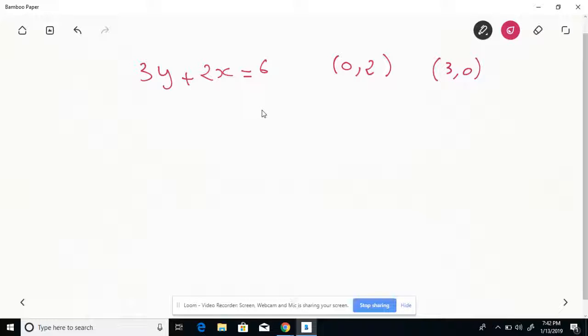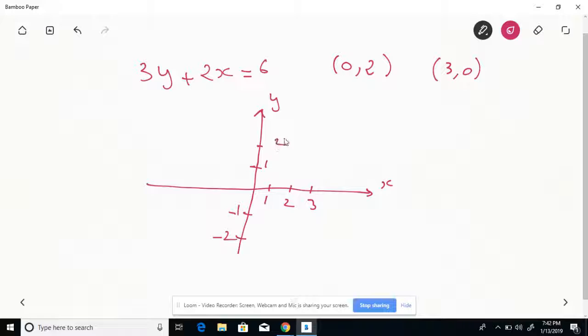Now to graph: this is the y-axis and here the x-axis, with 1, 2, 3, -1, -2 on each.